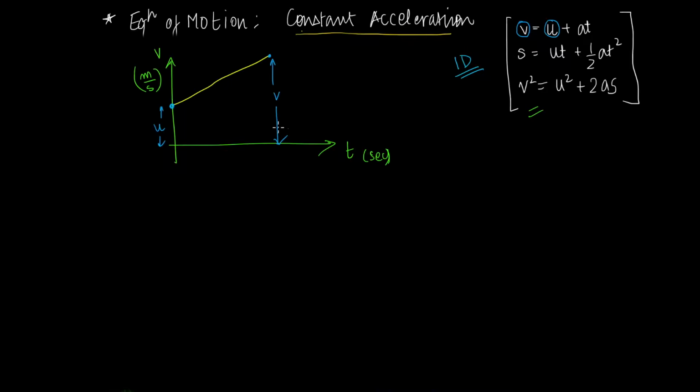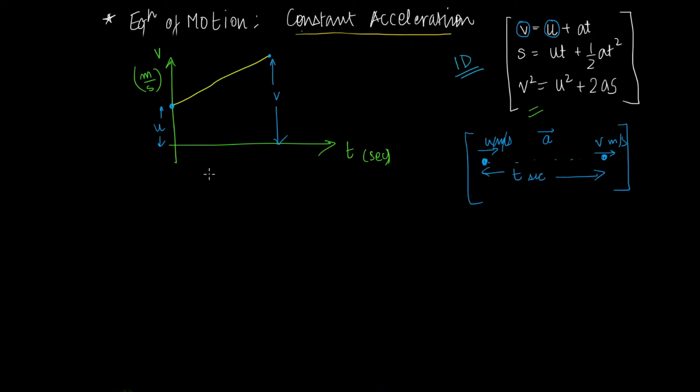So we assume that the body initially started at u meters per second, say in some direction, like that, and it went on to move and finally culminated in its velocity at v meters per second after the time lapse of t seconds. So this is constant acceleration, and it has always moved with constant acceleration. So this is the kind of motion that we are looking for when we draw the graph like that.